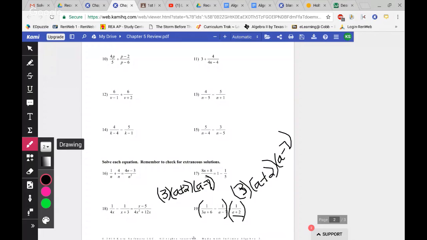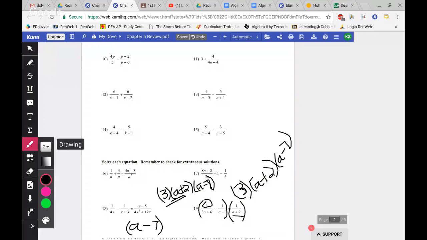What would be left after we divided that out? That's going to be your a minus 7 factor. Because this 3a plus 6 is essentially this right here, you would take that a minus 7 factor, multiply it by this 1, and write it a minus 7.